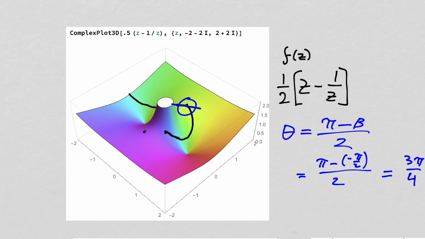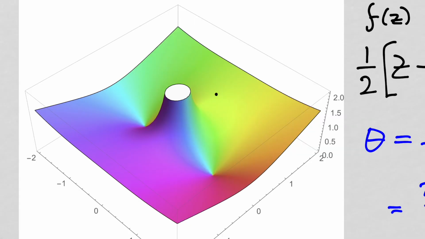Let me see if I can draw that. Well, this angle here would be 0. This would be pi over 2. So 3 pi over 4 would actually be an angle going off at a 45-degree angle in this direction. So I've drawn this exactly wrong, right? If this is our saddle point, we have to make sure we go through it like this, right?